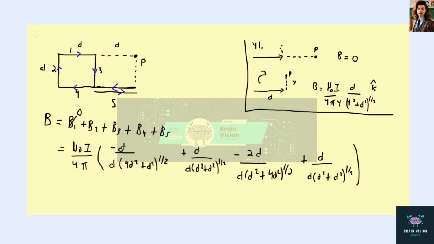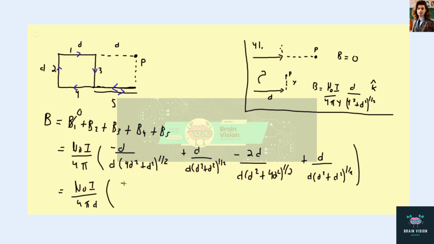And so we can see we're always going to have a d over a d, so we can cancel all of those out. And then we're going to have some d squareds in the denominator to the 1/2, so we'll definitely be able to pull out another d. So this will become mu naught I over 4 pi d. And now all we're going to be left with is just 1 over the square root of the number of d's in the parentheses.